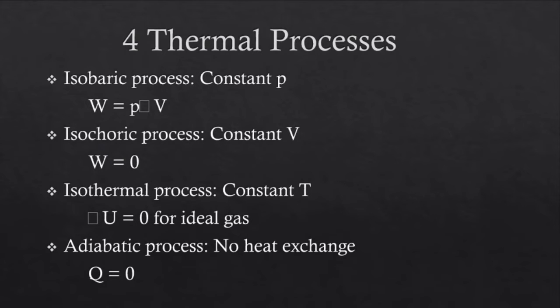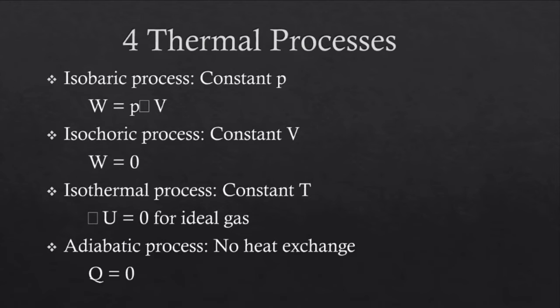The 4 thermal processes. We have isobaric process, isochoric process, isothermal process, and adiabatic process. The isobaric process is where the constant is P. That would be W is equal to P delta V. For the isochoric process, the constant is V, where work is equal to 0.